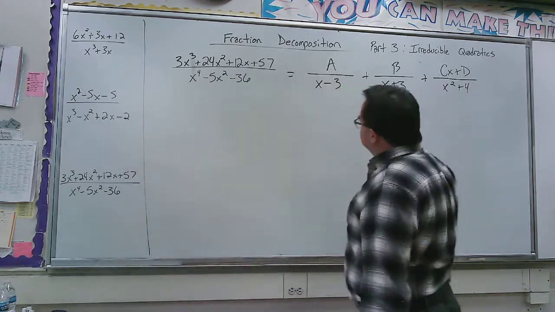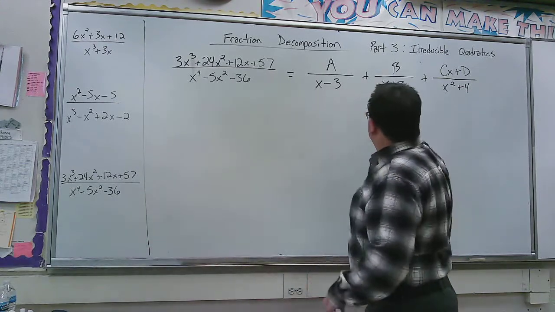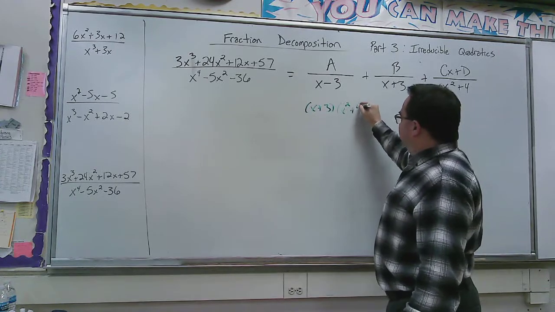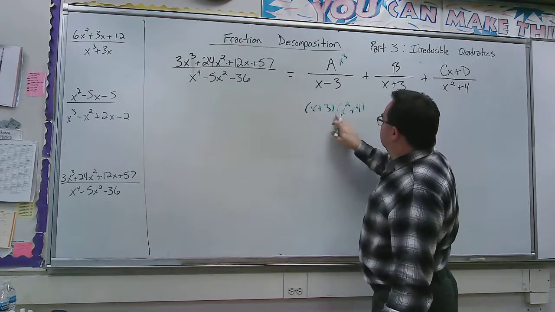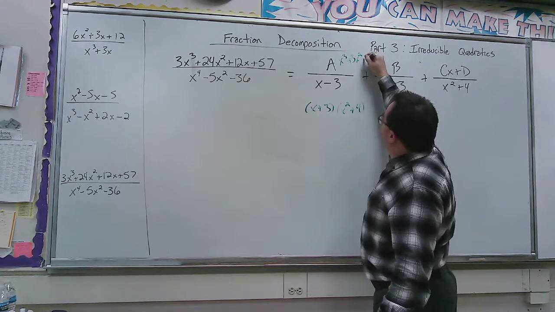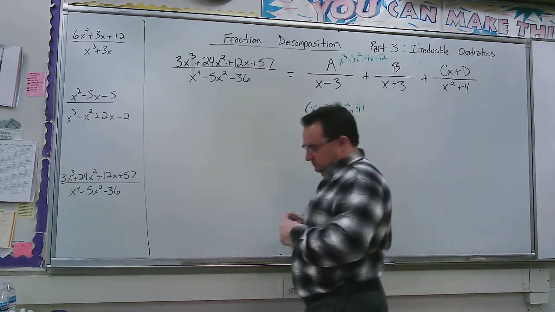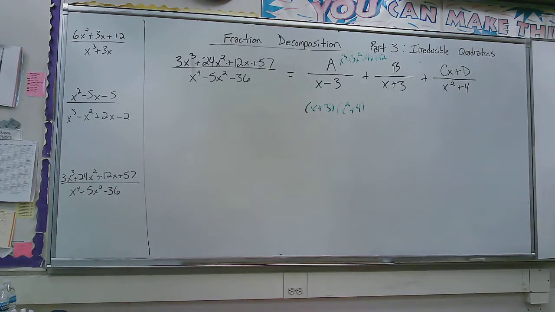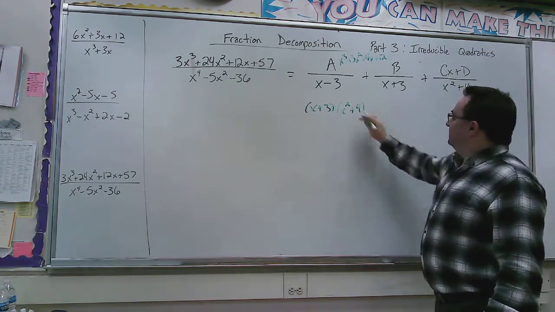All right, so here comes the messy algebra. I have to multiply this one by x plus 3 and x squared plus 4. So I have to multiply this one by x to the 3rd plus 3x squared plus 4x plus 12. This one I have to multiply by x minus 3.